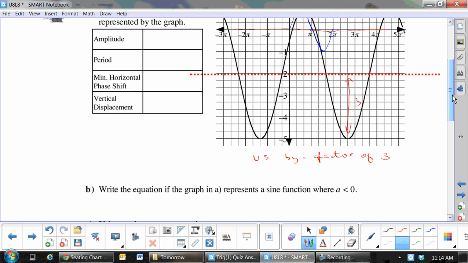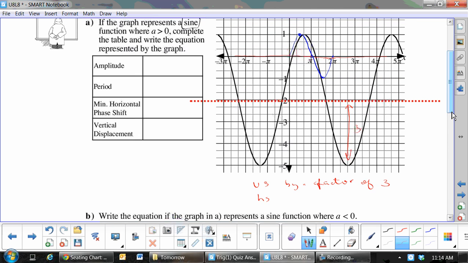Now, horizontal stretch. Anyone got an idea how to even do horizontal stretch? By looking at it? Yeah? Mm-hmm.